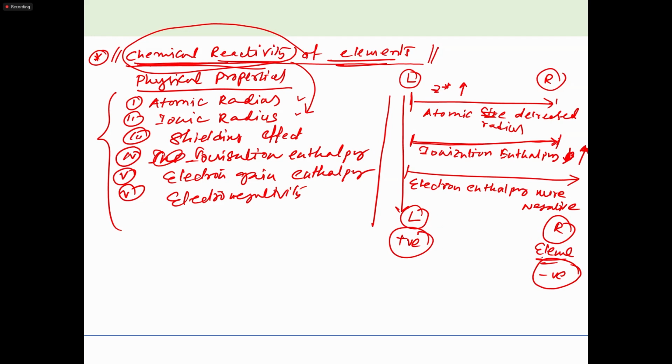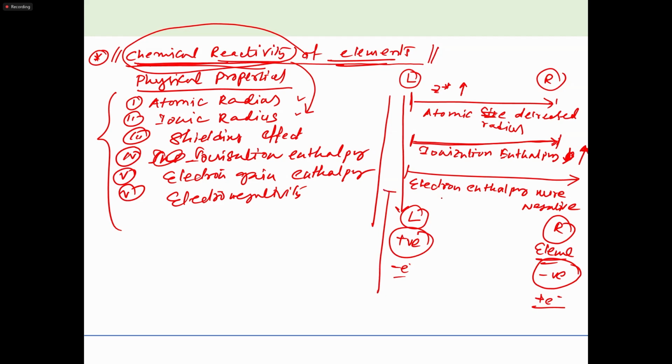A negative electron gain enthalpy means it can easily take electrons, but a positive electron gain enthalpy means it does not easily take electrons. It can easily remove electrons. So the right side elements have the more negative electron gain enthalpy, and the left side elements have the more positive electron gain enthalpy.